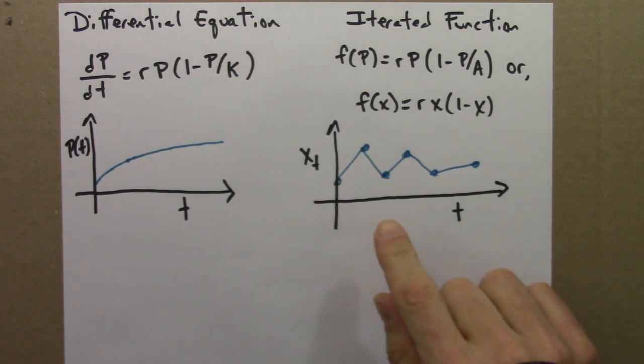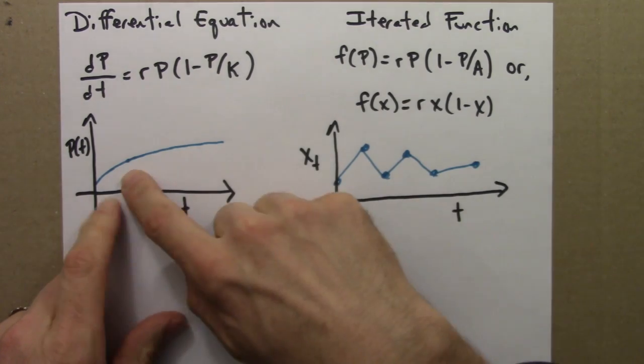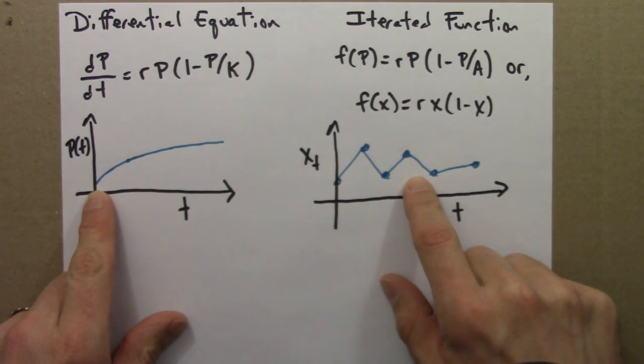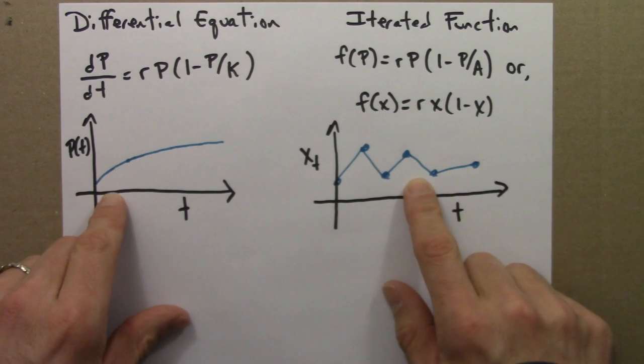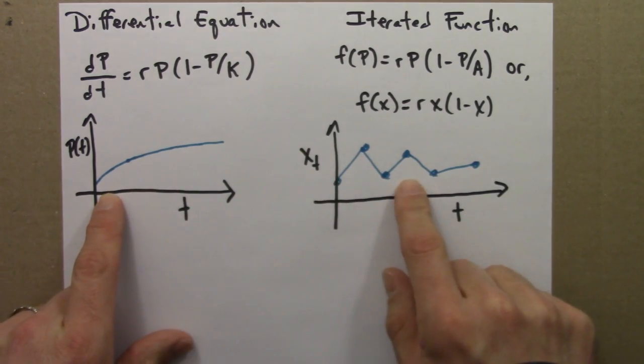So notice the difference between these two solutions. In both cases, the blue curve is the solution to the dynamical system. The dynamical system is just a rule that tells this blue thing what to do.